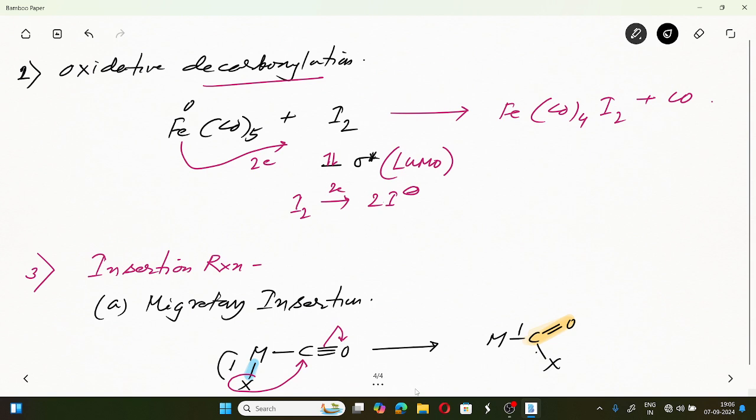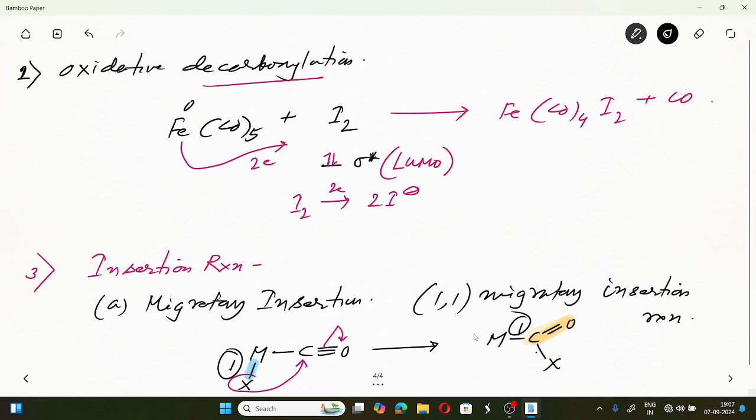So this is a case of one migratory insertion reaction. I mean, initially X was one bond away from the metal, and now X is linked to an atom which is one bond away from the metal. So this is a case of one migratory insertion.